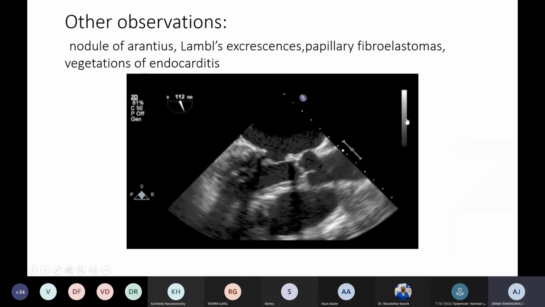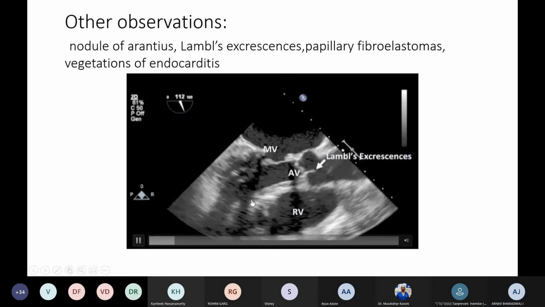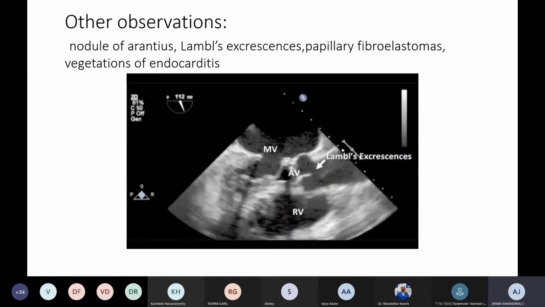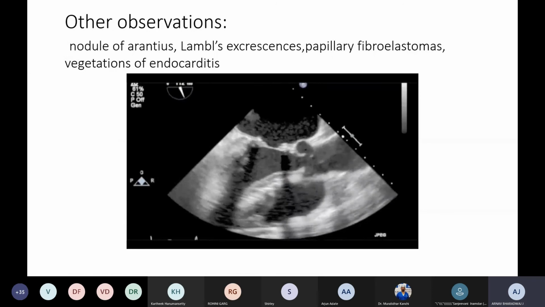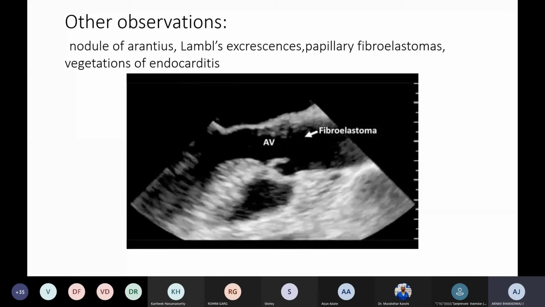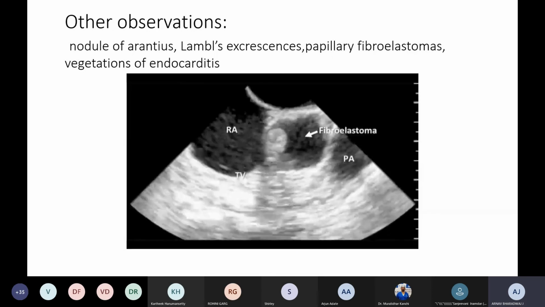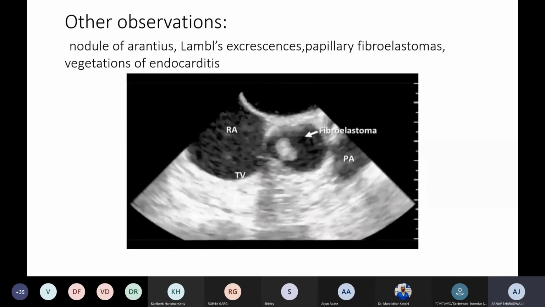Other abnormal observations are the nodule of Arantius, which is hypertrophied, and there are Lambl's excrescences. These are small filamentous things which are attached to the ventricular surface of the aortic valve.